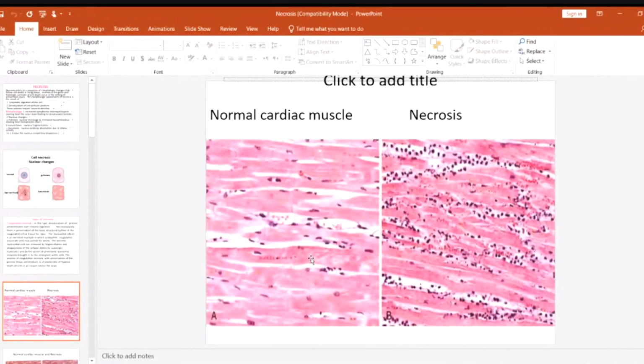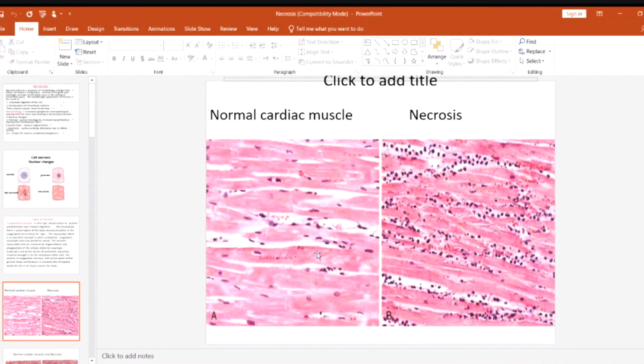So now let's see this slide. Here is the normal cardiac muscle. This is normal. This is the nucleus and this is the cytoplasmic striation, and here you can see the intercalated disc.